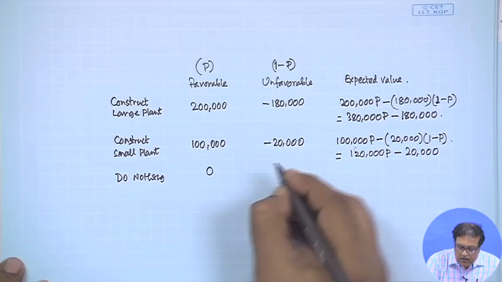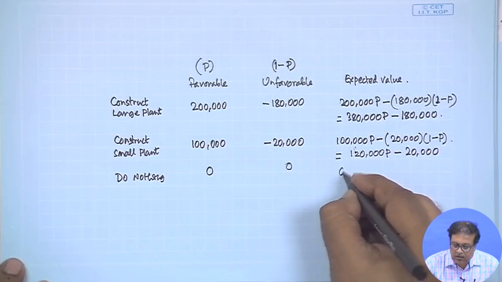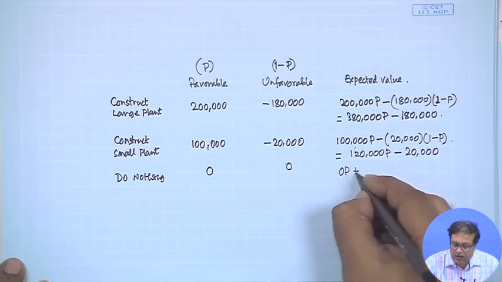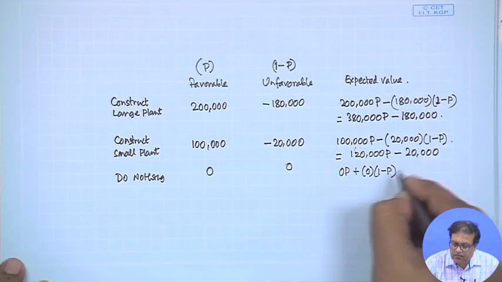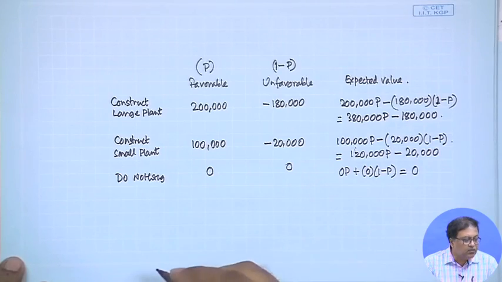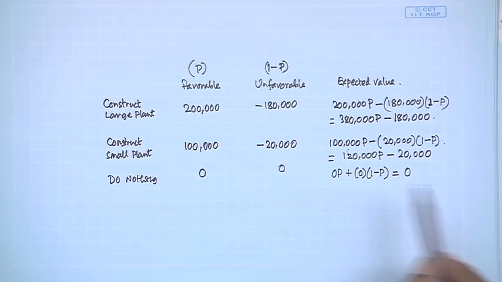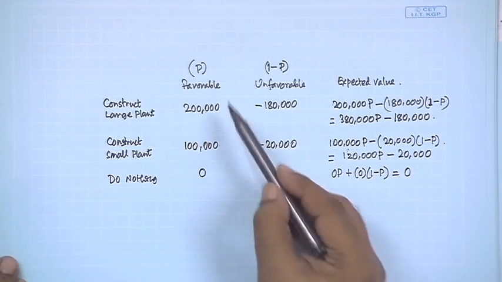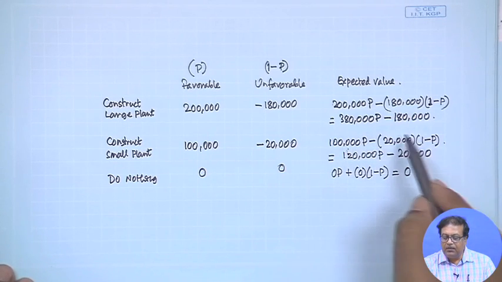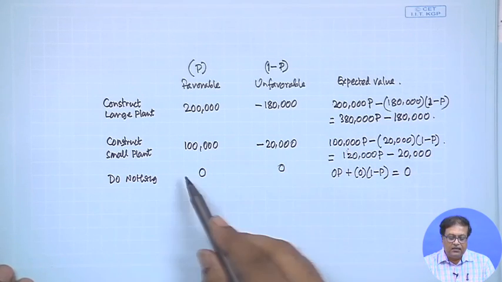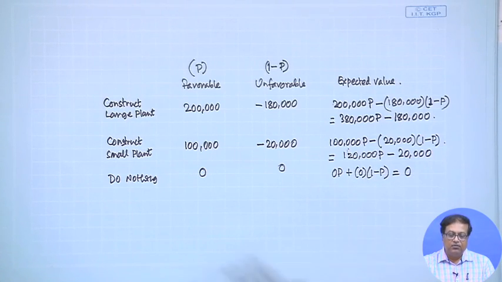For do nothing, the payoffs are 0, so it will be nothing but 0 into P plus 0 into 1 minus P equal to 0. So, nothing to do here. This is how the expected values could be calculated in terms of the favorable probability P: the first is 380,000 P minus 180,000, and the second is 120,000 P minus 20,000.